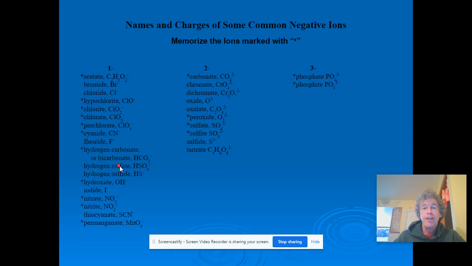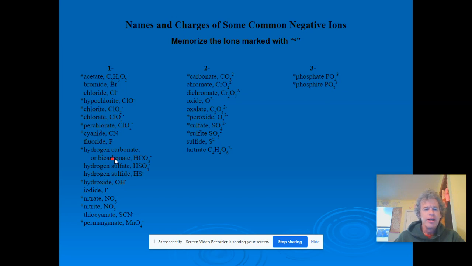There's also a bunch of negative ions. One of the common ones is acetate, which is C2H3O2 minus. Acetic acid is vinegar, basically. There's hypochlorite, which is ClO minus, chlorite, ClO2 minus, chlorate, ClO3 minus, and perchlorate, ClO4 minus. You'll notice there's a trend there. Cyanide, pretty famous as a poison, is CN minus.